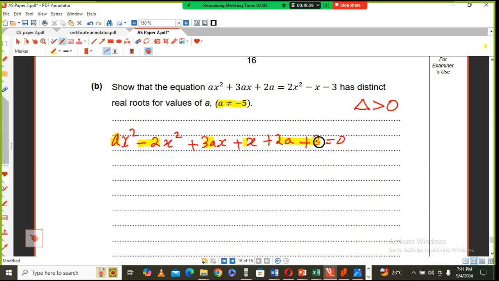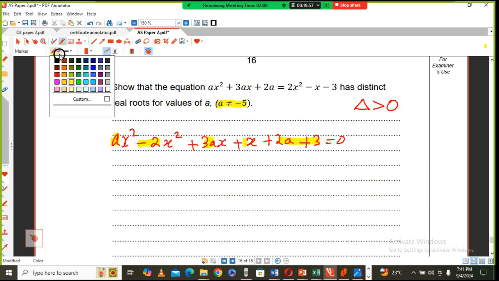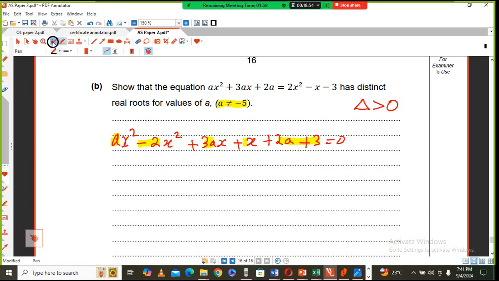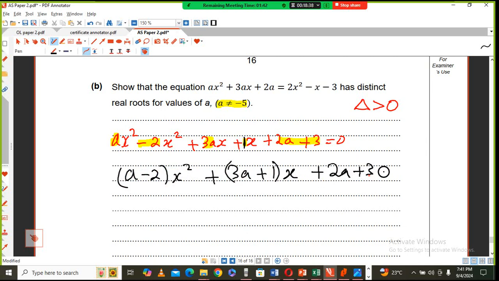There's a 1 there. So I'm going to write it like this: a minus 2 times x squared, plus 3a plus 1, and the other one I will just leave as a constant. There's no need to put it in brackets.